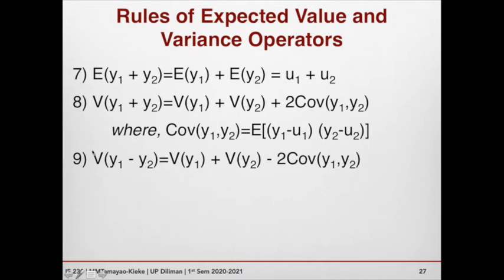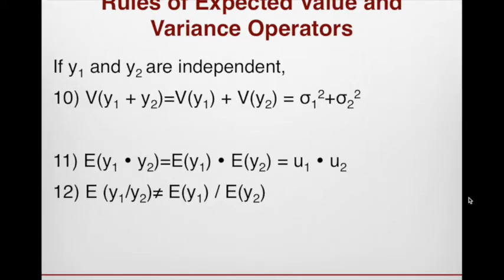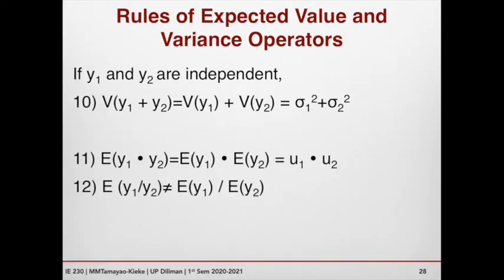Okay, next we have the variance of the difference between y1 and y2. And this is just equal to the sum of the variances of y1 and y2 minus 2 times the covariance of y1, y2.